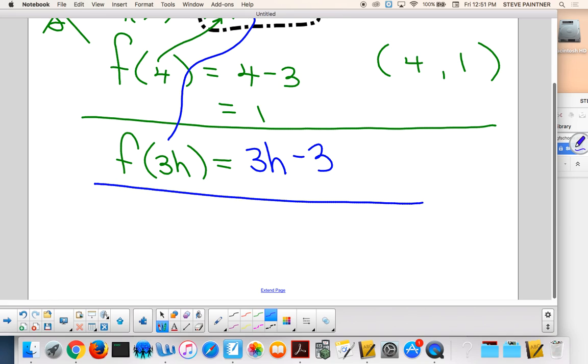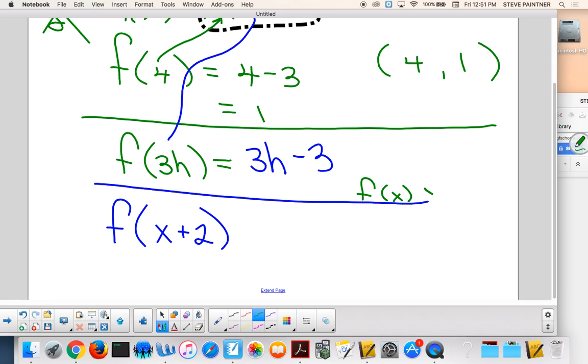Okay. All right. Next, f of x plus 2. Put an x plus 2 into your function up there. And I can't see my function, so let me write it again. So what did you put into x?